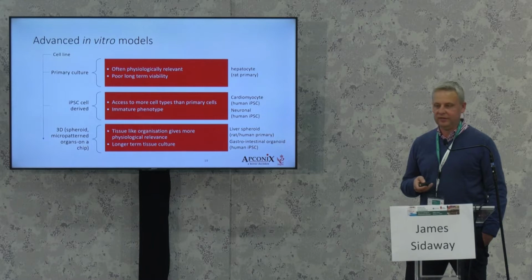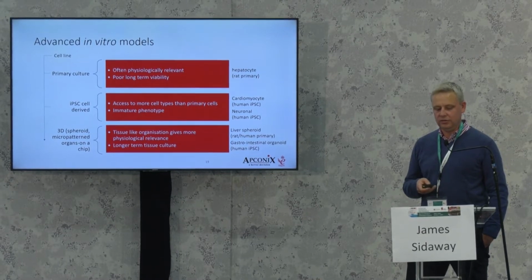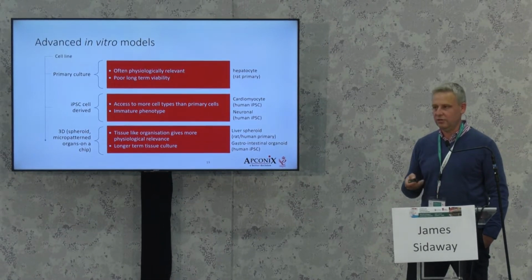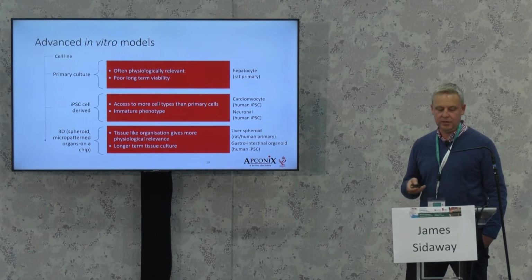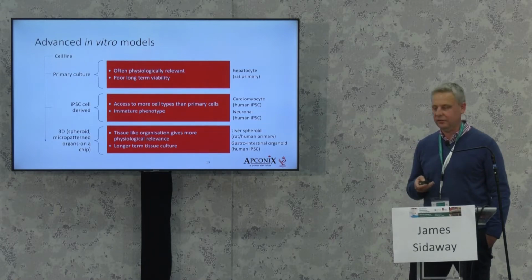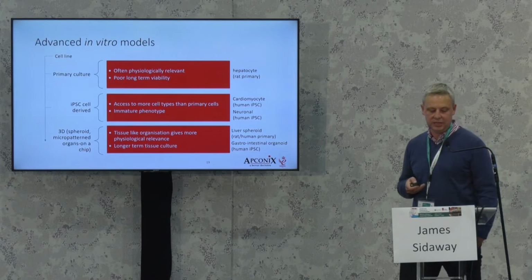More recently, we've had access to stem cell derived, so induced pluripotent stem cell models from which you can derive cardiomyocytes, neuronal cells, other cell types. And this has allowed us to access cell types that are more viable long-term than primary cells, although one issue is they still often have an immature phenotype, although many seem to be adequate for pharmaceutical testing.